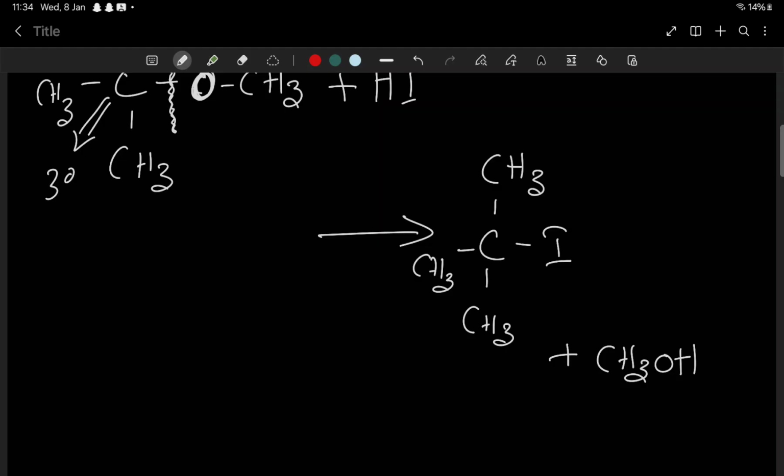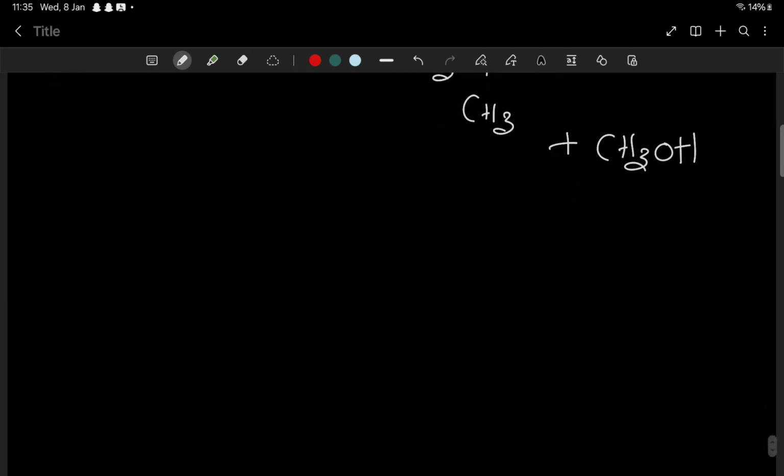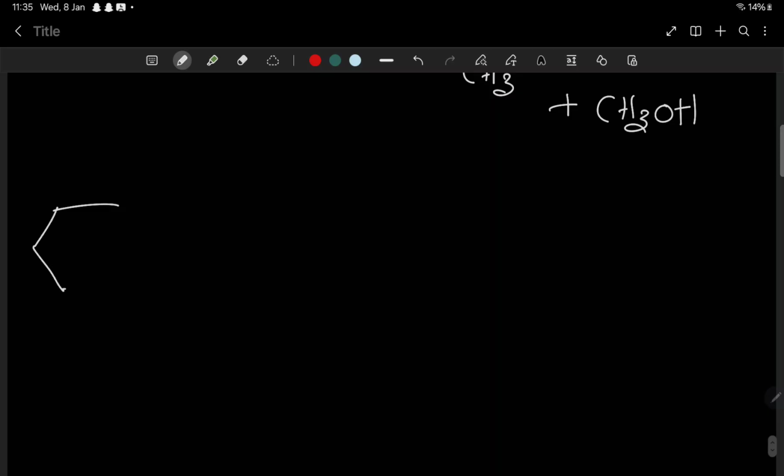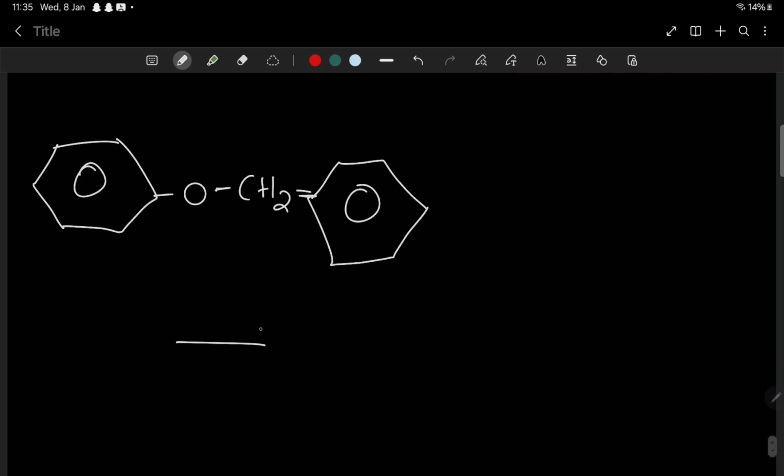Now let us do some examples for these questions. I will ask you, this is a compound, in this compound add HI.